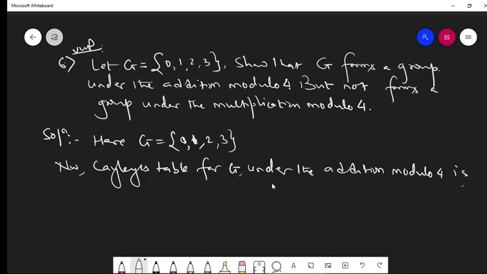Now the last, the fourth one, is the inverse axiom.